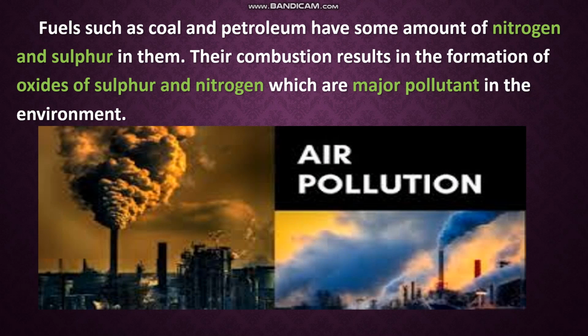When sulfur is burned, gases like sulfur dioxide and sulfur trioxide are formed, and when nitrogen is burned, oxides of nitrogen are formed. These oxides of sulfur and nitrogen are pollutants. That is the reason petroleum and coal cause a lot of air pollution.